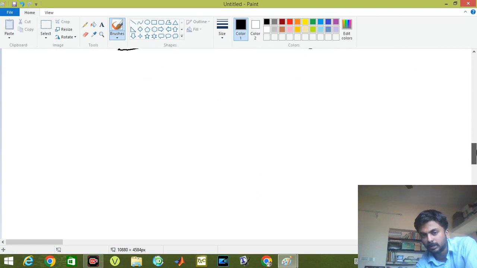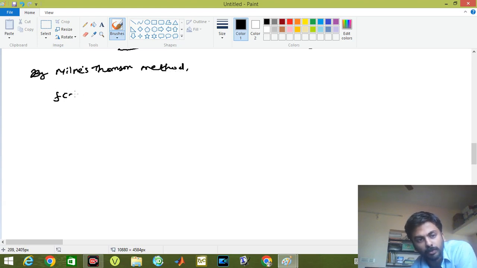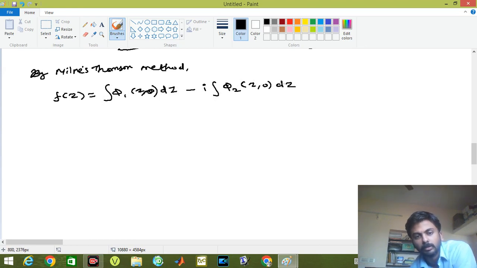So by Milne-Thomson method, we have f of z equal to integral phi 1 of z comma 0 dz minus i into integral phi 2 of z comma 0 dz.